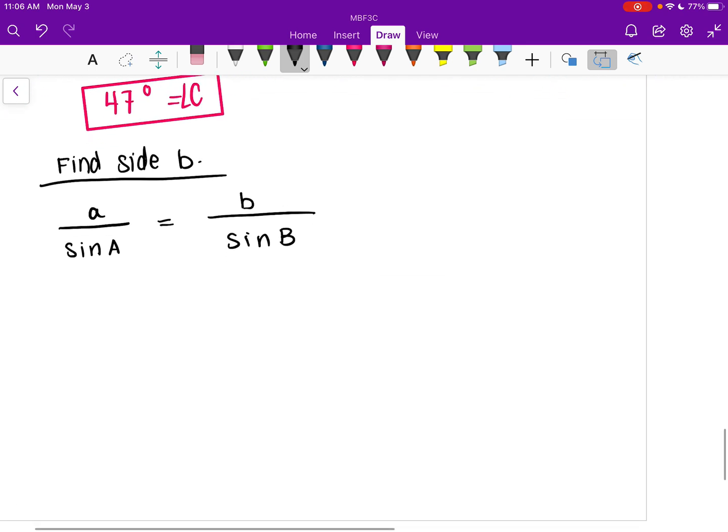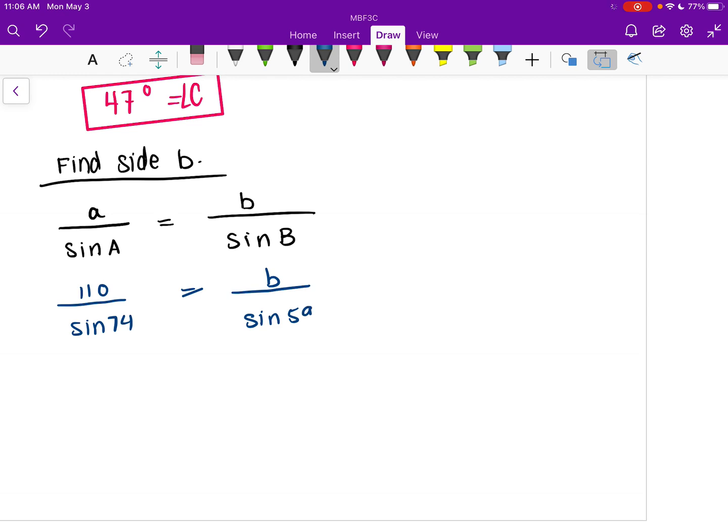And let's just go in and put our numbers. So I know side A is equal to 110, sine A is sine 74, equals B, which I don't know, over sine 59, because I know angle B is 59. Going to multiply both sides by sine 59.